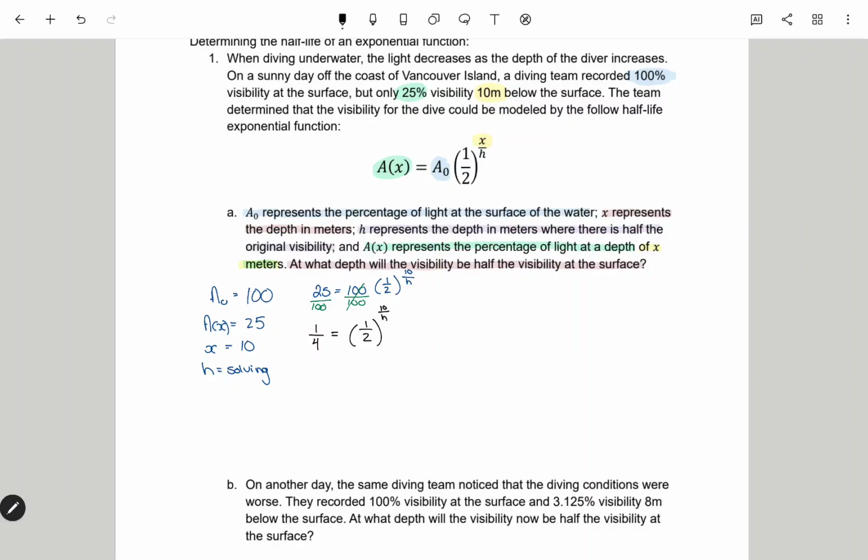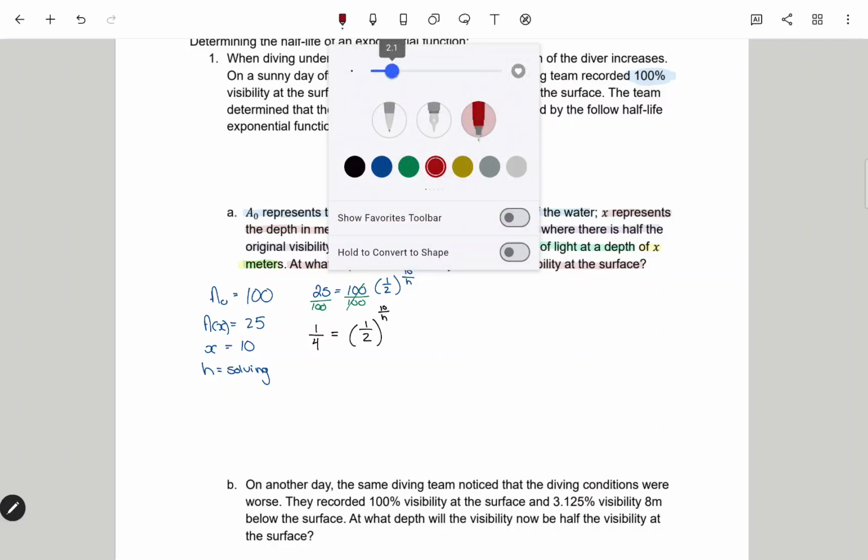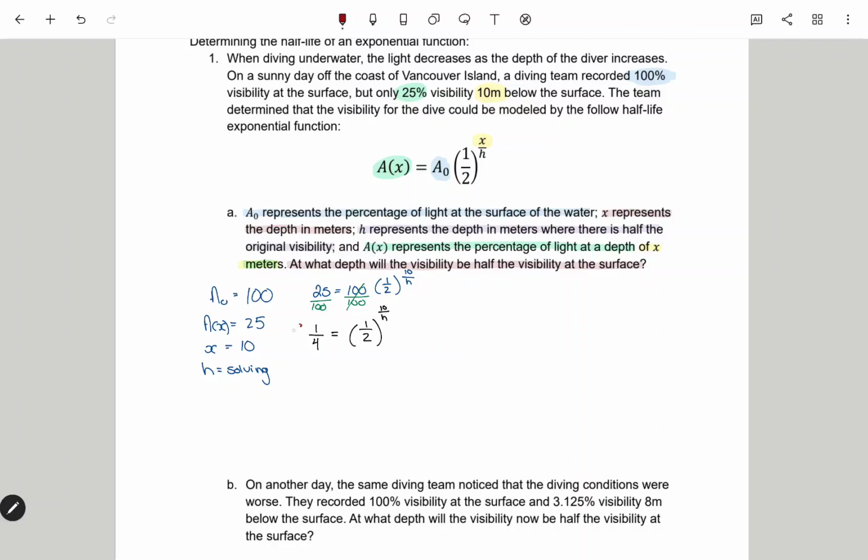So the only way we know how to solve exponential functions right now is to get a common base. So I need to think to myself, how can I write 1/4 as 1/2 to the power of something? Well, basically we want to focus on the 4, because 1 to the power of anything is never going to change. So in order to get my 2 to look like a 4, I need to square it.